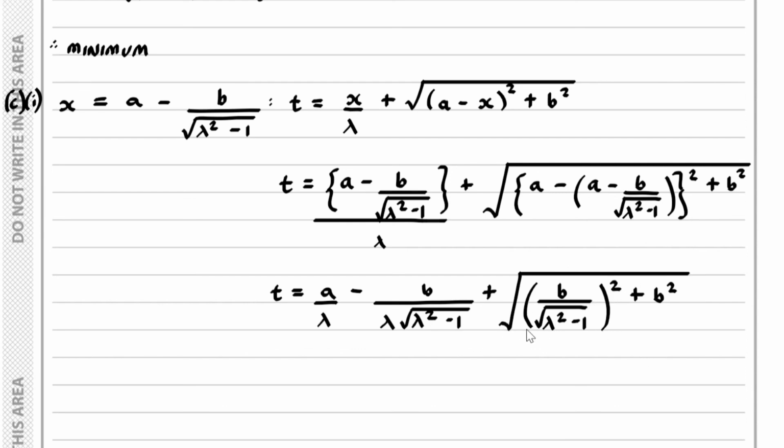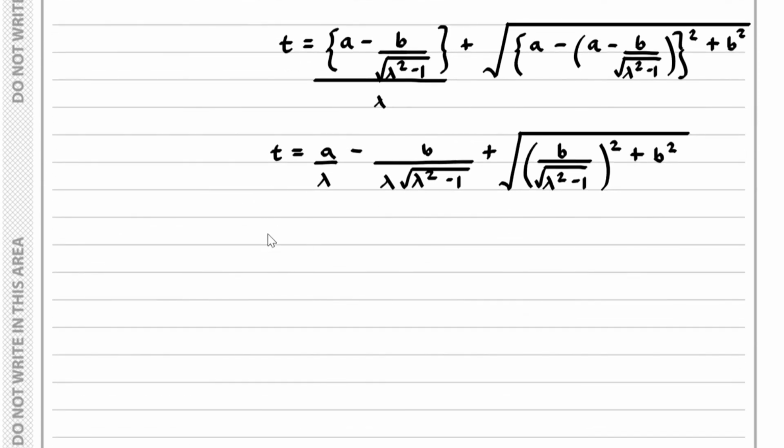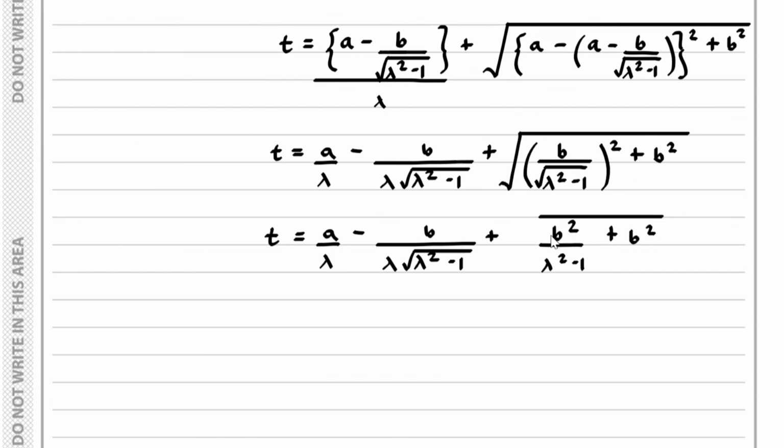So now let's try to simplify this even further. We've got t equals, well, this bit's going to remain the same. And then here, we're going to have b squared over lambda squared minus 1 plus b squared, then this is square rooted.